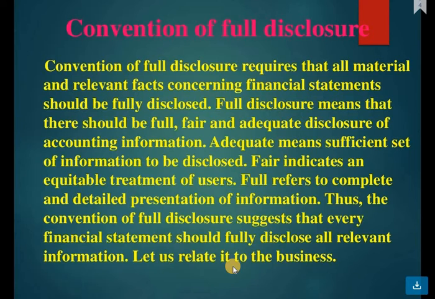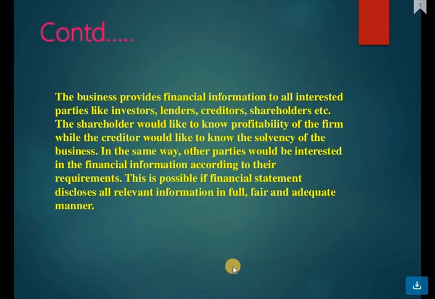Let us relate it to the business. So here we have an example. The business provides financial information to all the interested parties like investors, lenders, creditors, shareholders, etc. The shareholder would like to know the profitability of the firm, while the creditor would like to know the solvency of the business. In the same way, other parties would be interested in the financial information according to their requirement.